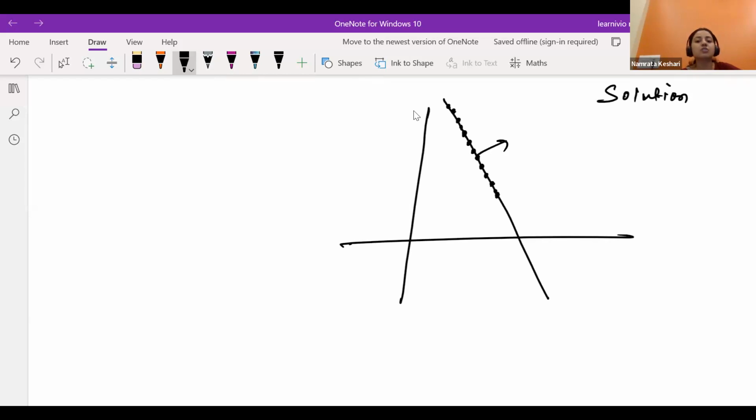Let's take the assumption that 2x plus y is equals to 5. If this is a straight line representing this equation, then all the coordinates sitting on this line are the solution of this equation. You take any point, it will satisfy the equation.